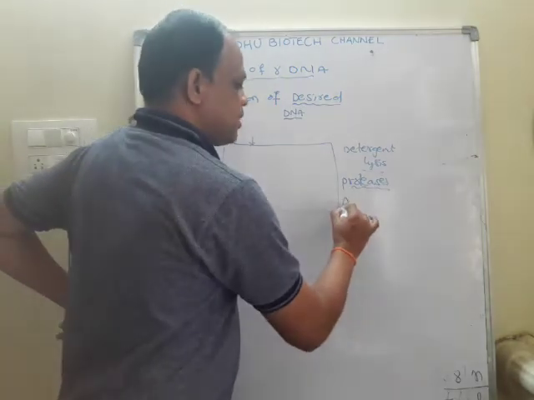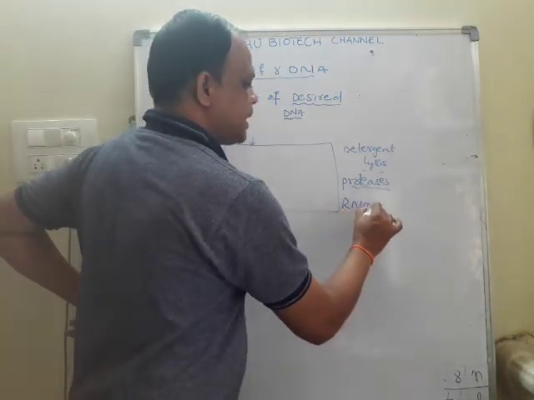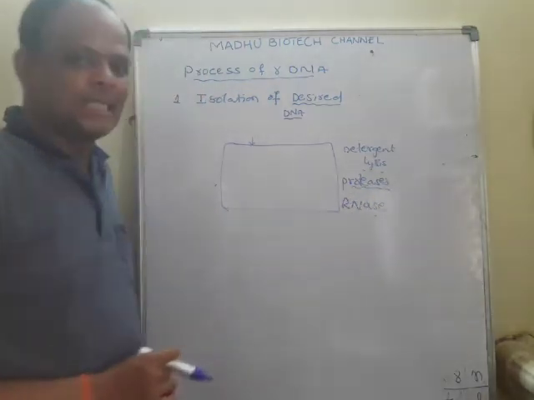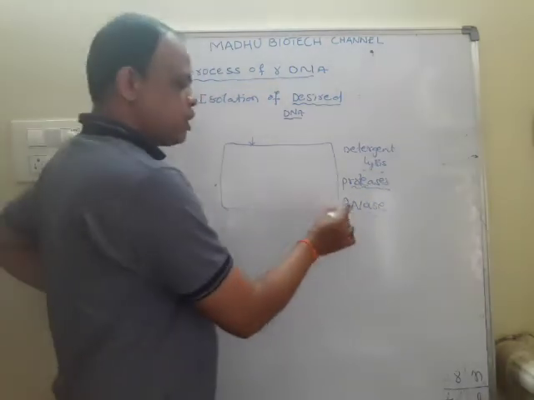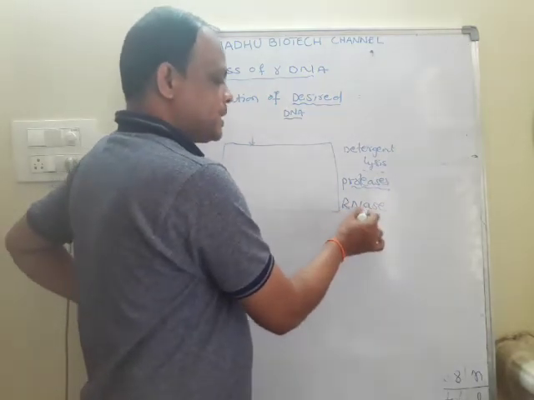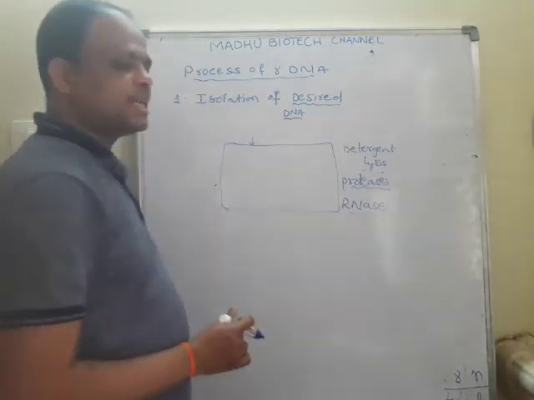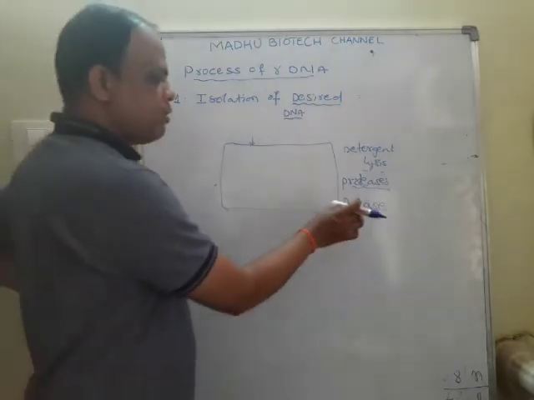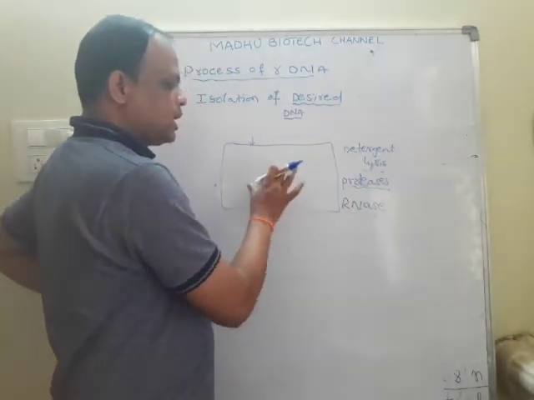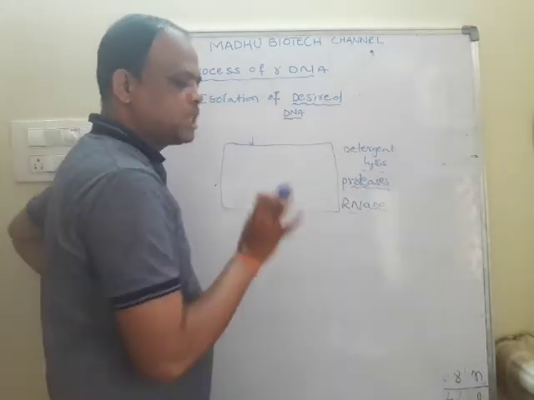At that time we use RNases, ribonucleases. We use different types of enzymes for separation of the pure form of the desired gene.